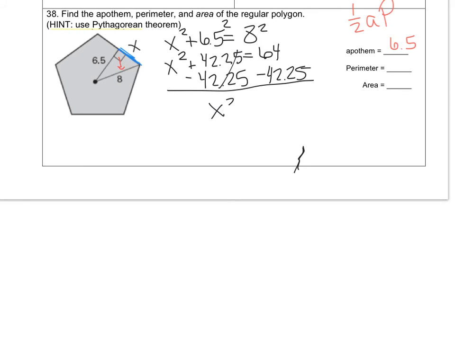You bring down your x squared. Okay, and x squared equals 21.75. Okay, you're solving for x, so you need to take the square root on both sides.